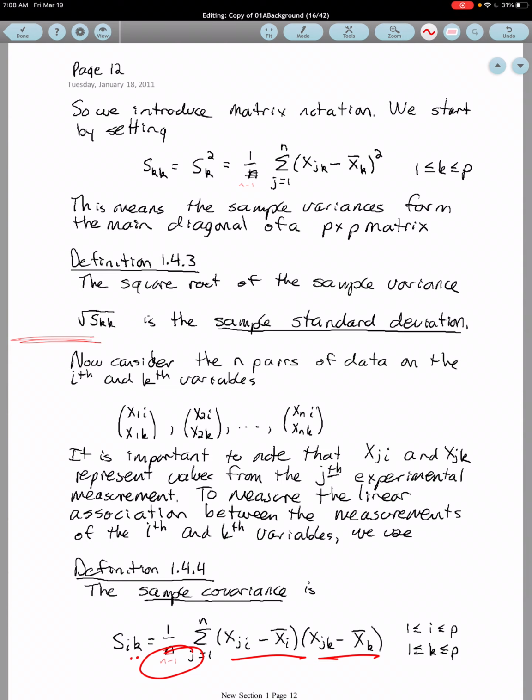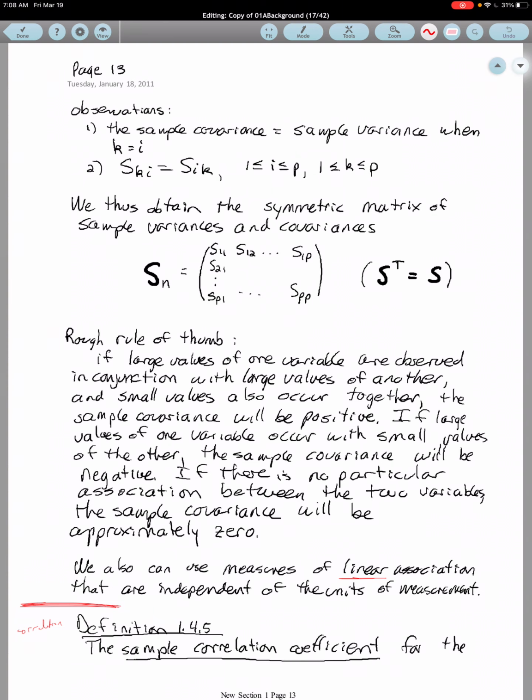Of course, the s_ii are the diagonal elements, and the diagonal elements of the covariance matrix give us the variances of the individual components.